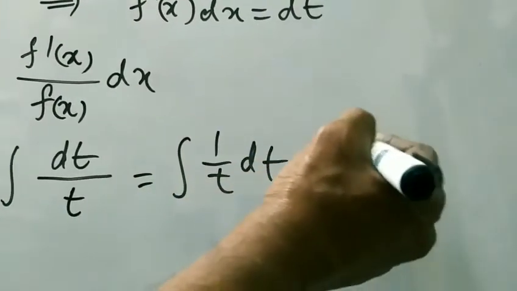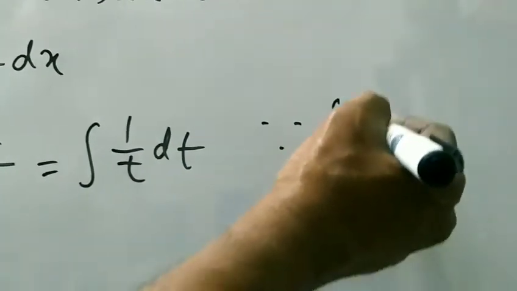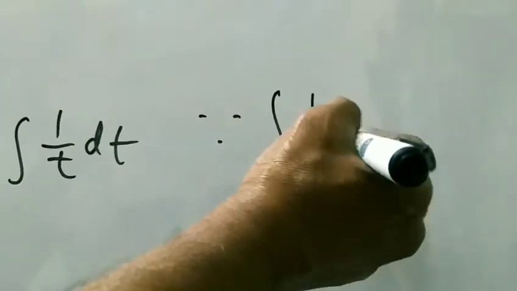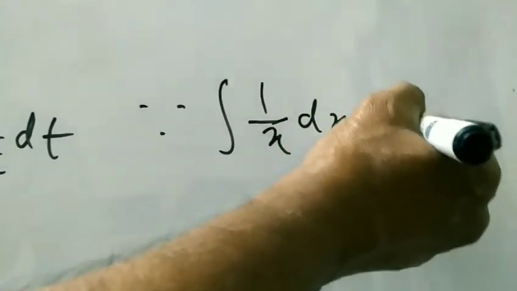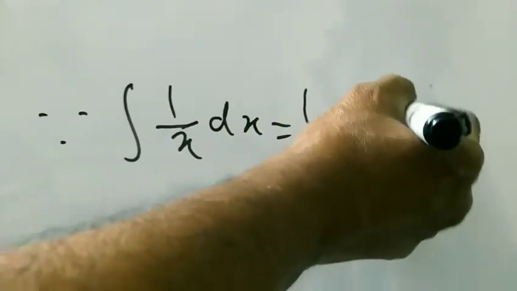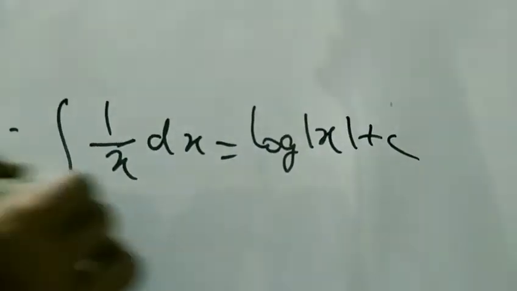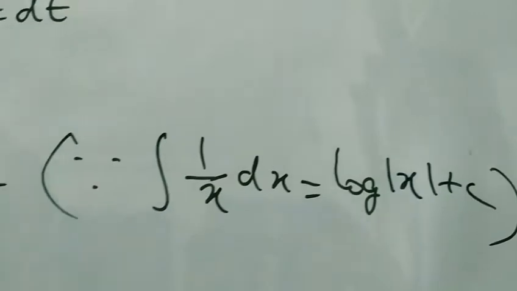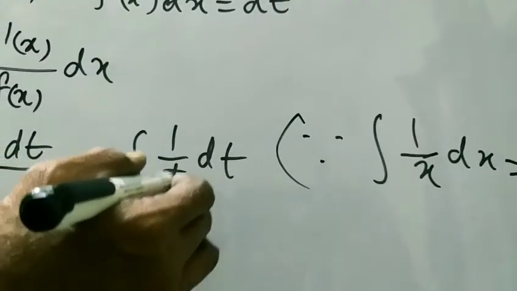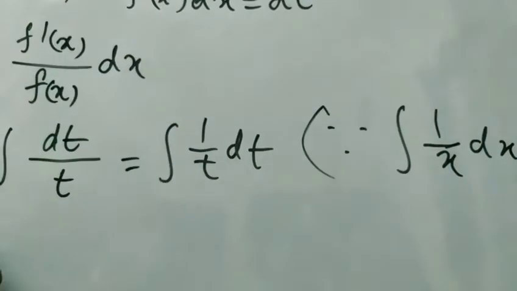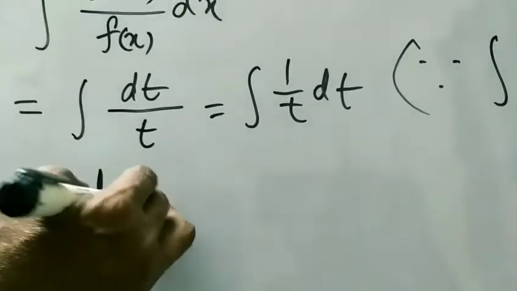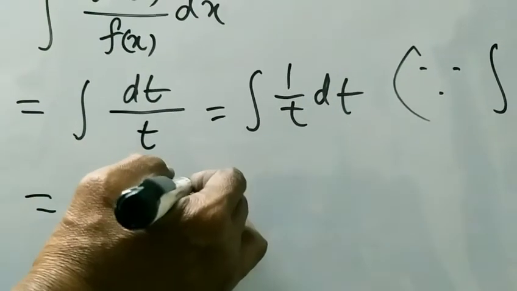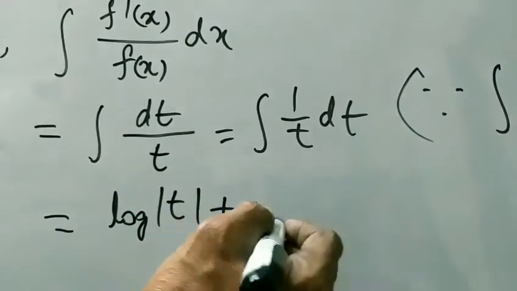Since we have integral of 1 by x dx is equal to log mod x plus c, by using this concept, integral of 1 by t dt becomes log modulus t plus c.